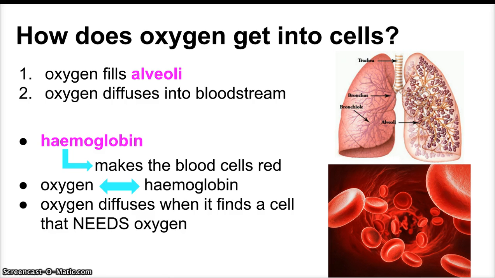This substance is actually what makes the blood cells red. When oxygen joins with the hemoglobin, it gets carried around the body inside our blood vessels. When the oxygen and hemoglobin that have joined reach a cell that requires oxygen, the oxygen diffuses inside the cell.